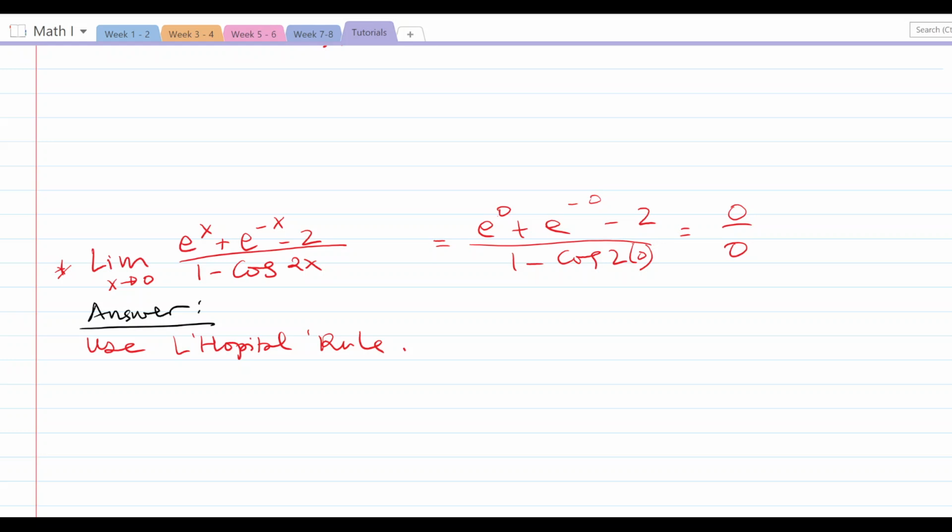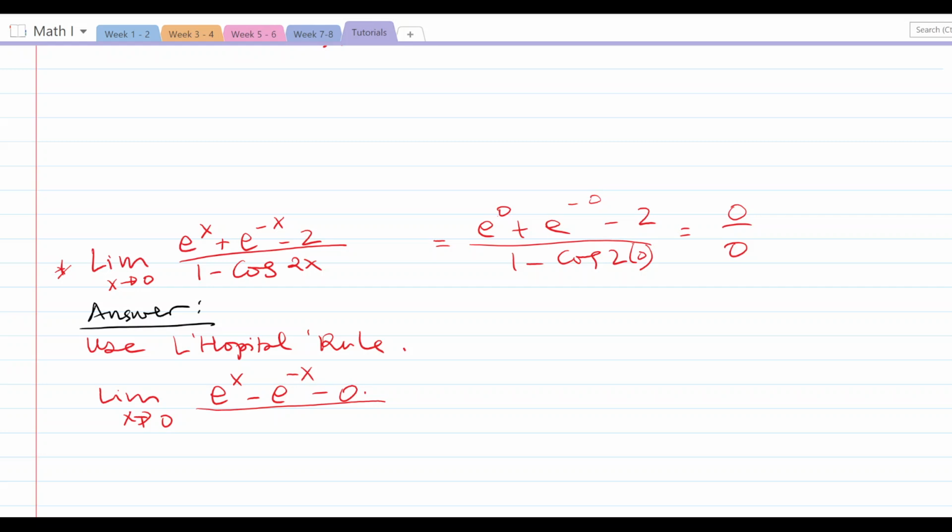Because of that we can use L'Hopital's rule. So using L'Hopital's rule, we simply take the derivative of the numerator and denominator. This equals the limit as x approaches 0 of: the derivative of e to the x is e to the x, and then e to the negative x becomes negative e to the negative x, and the derivative of negative 2 is 0. Notice the change of sign from positive to negative here.